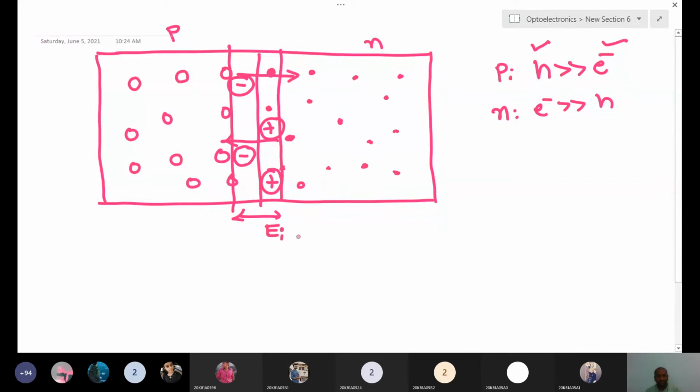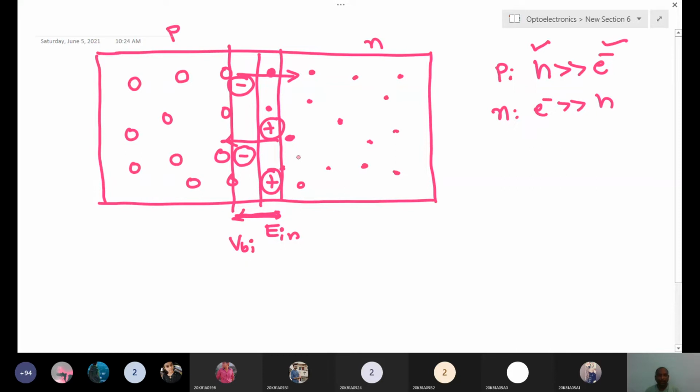whose direction is always plus to minus. And because of this internal field, there is also a built-in potential. We have discussed this also. The built-in potential is developed between the P and N type regions. After this depletion region forms, suppose one electron is here.